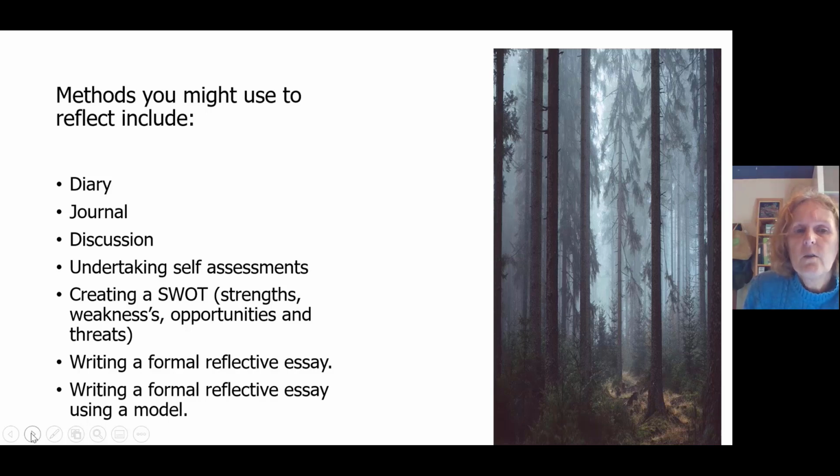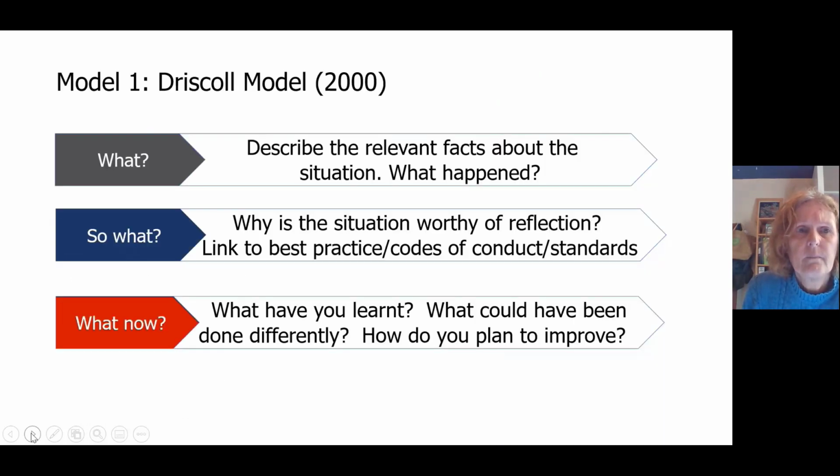Or you might be asked to write a formal reflective essay or a formal reflective essay using a model. So there's not just one way you can be asked to reflect, but this presentation now will be going into the more formal ways that you'd be asked to reflect.